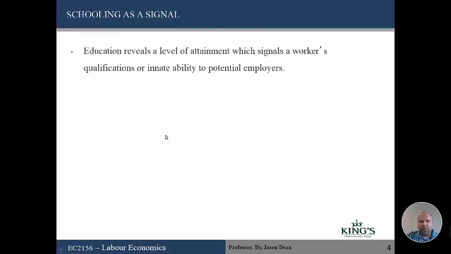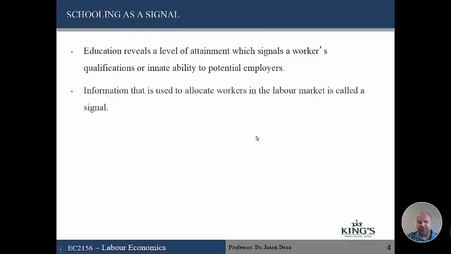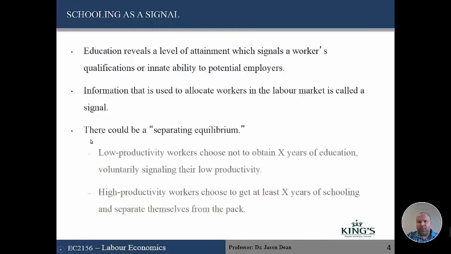Education reveals a level of attainment which signals a worker's qualification or innate ability to potential employers, and information that is used to allocate workers in the labor market is called a signal. We could have what's called a separating equilibrium, where low productivity workers choose not to obtain X years of education, voluntarily signaling their low productivity. High productivity workers choose to get at least X years of schooling and separate themselves from the pack.